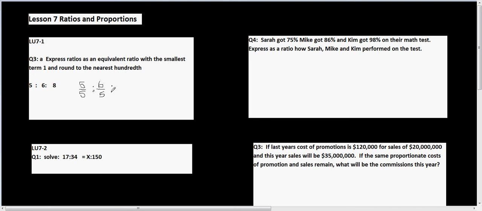Now we do the same with the 8. We have to have 8 in its lowest terms relative to the 5, so we divide that by 5 as well. 8 over 5.